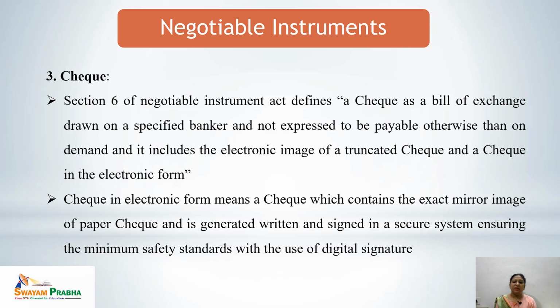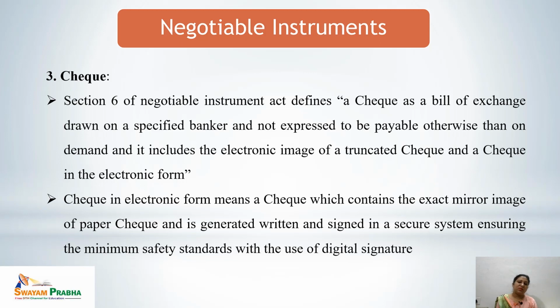So it is a little different from the bill of exchange and the promissory note. Here it basically involves an electronic image of a truncated check and a check in electronic form.